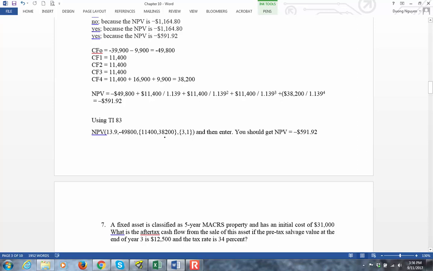Because you have 11,400 for 3 years, you can use the frequency 3 for 11,400 and only one time for 38,200, and then enter.